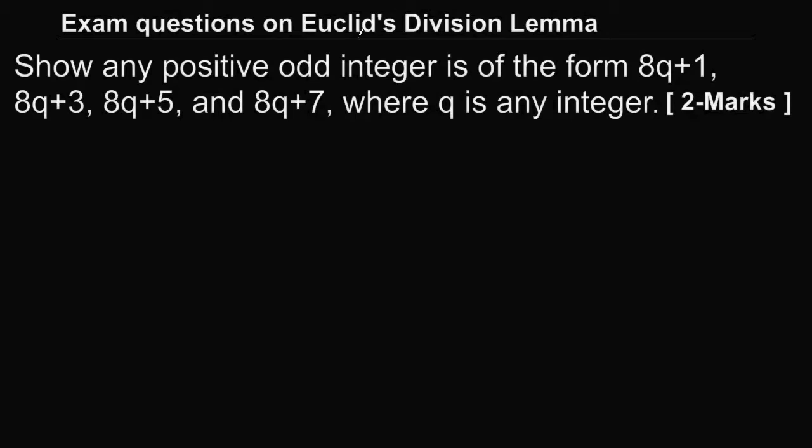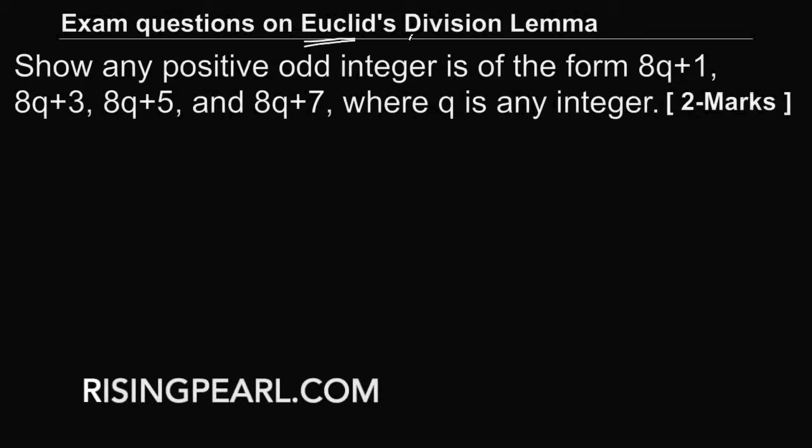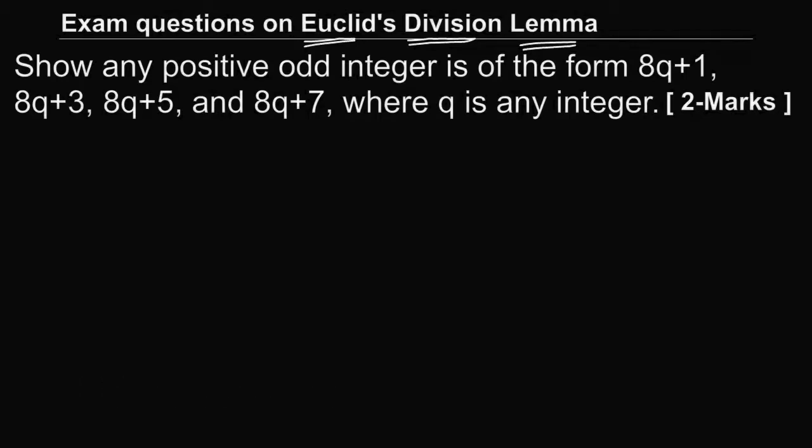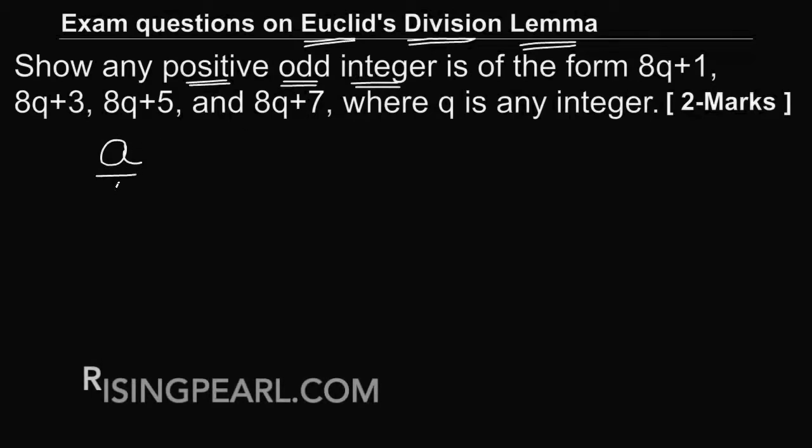Well, the first thing to recognize is that in these problems we have to use Euclid's division lemma. So these are applications of Euclid's division lemma. What we are going to do is say, let us assume that a is any positive odd integer. And then we are going to divide a by 8.